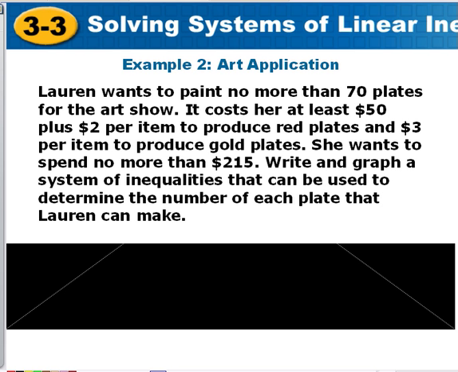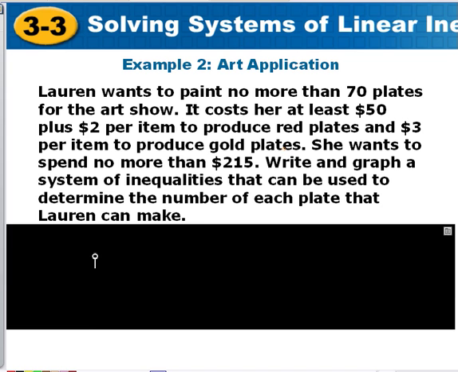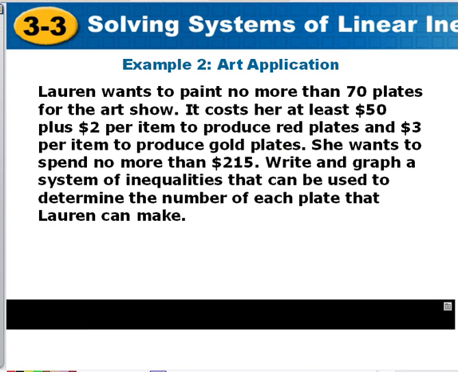Write and graph the system of inequalities that can be used to determine the number of each plate that Lauren can make. So you can probably see we have a couple of inequalities and they're based on the constraints. What are the constraints? Well, no more than 70 plates and no more than $215. So we know we're going to assign variables to our items and write our system of equations.